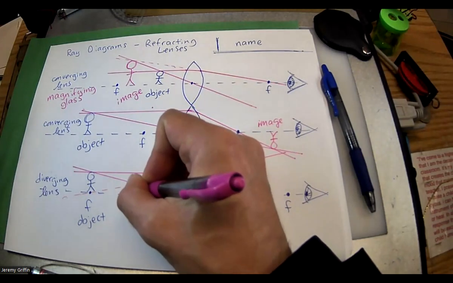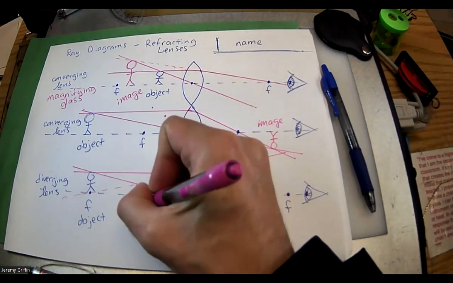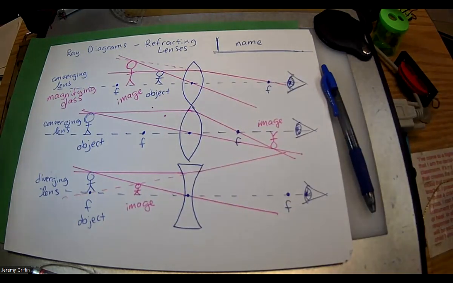There is the image. All right, diverging lens. Looks like it's going to make it look smaller.